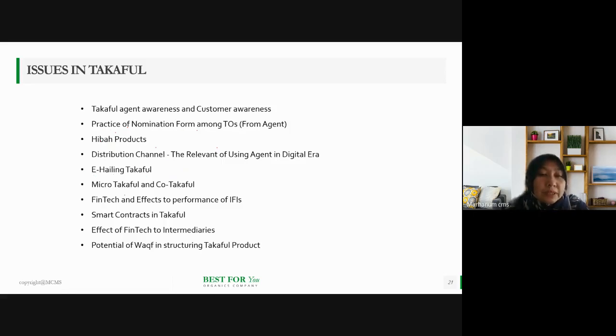It is very limited nowadays; only a few operators offer this product, but we still need to investigate whether these protections really give a benefit to e-hailing drivers and e-hailing customers. Okay, we have to investigate. E-hailing takaful: takaful for Grab drivers, takaful for Grab, takaful for taxis, something like that. And then micro takaful and co-takaful.